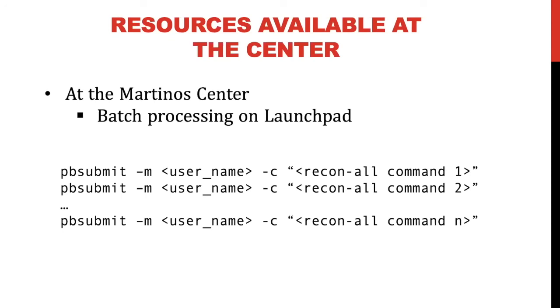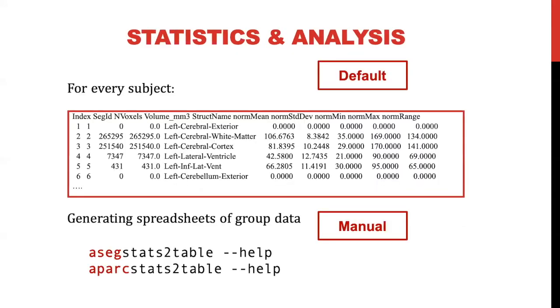And then group stats would be something as simple as using the ASEG stats to table command, and that will allow you to pull statistics from multiple of your subjects directories. Whew. Okay, I really wanted to get a quick explanation of longitudinal pipeline, but we could have a whole talk on that. But I think that's all the questions.